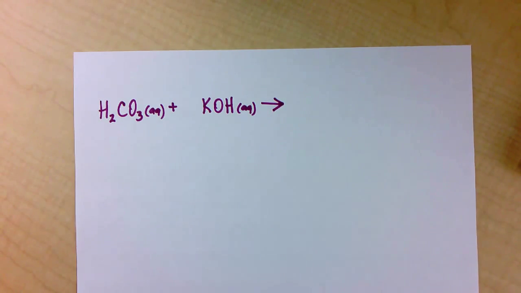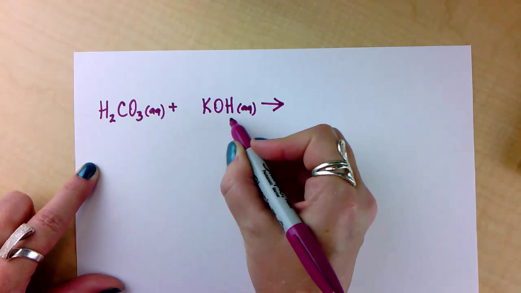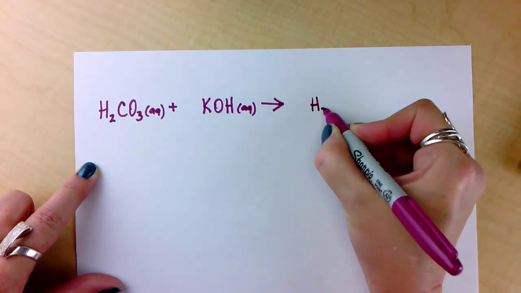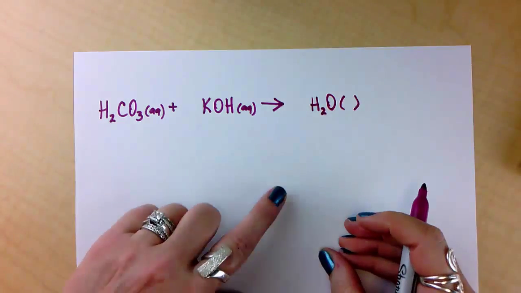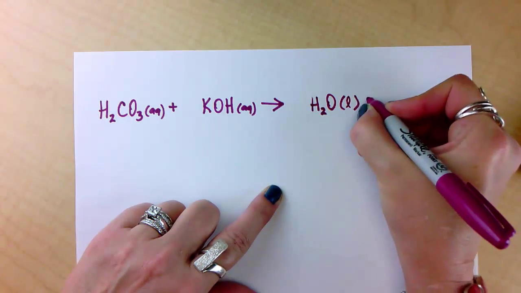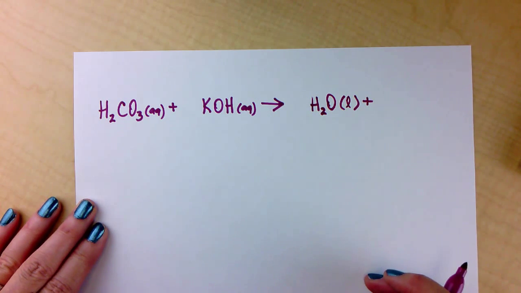As we just mentioned, in acid-base reactions the hydrogen and the hydroxide combine to form HOH, which is water. Water is a solid, liquid, or gas? Correct, liquid. Now we have to predict the other product.